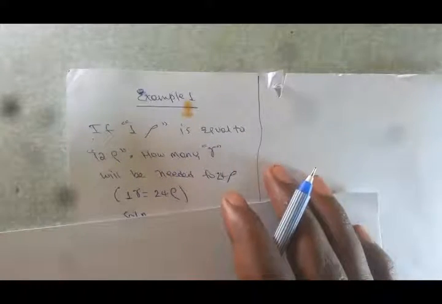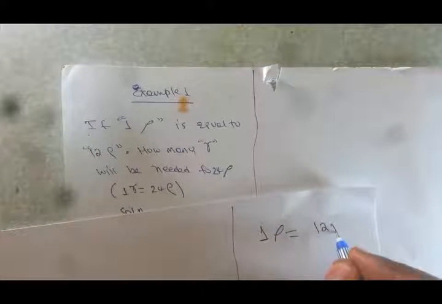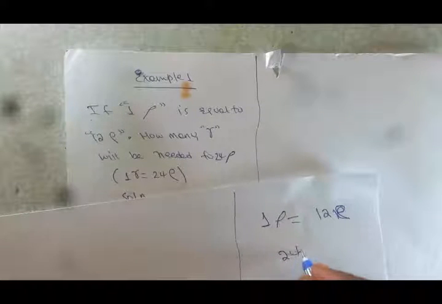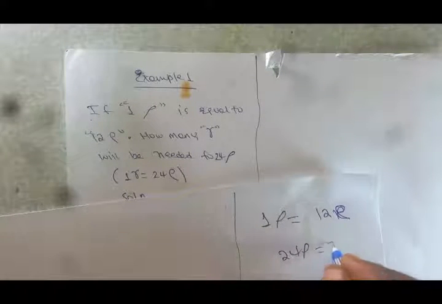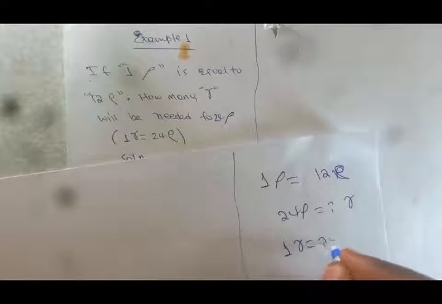And example 1 is given: if 1 ohm is equal to 12p, how many ohm will be needed for 12E? Therefore, first we are given 1 ohm is equal to 24E.